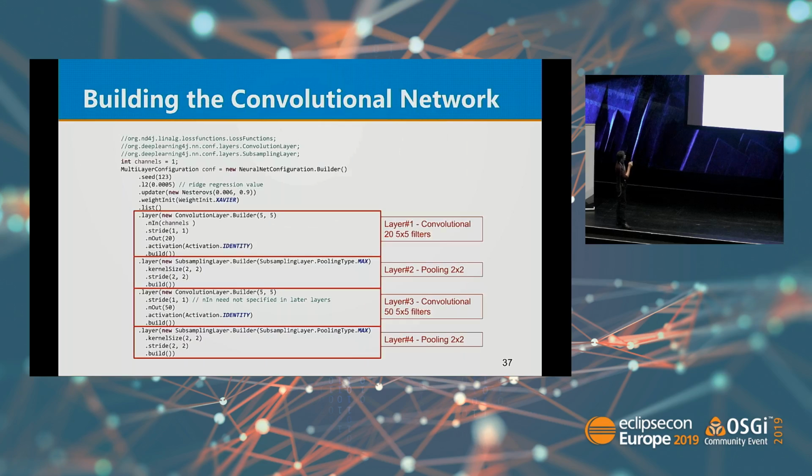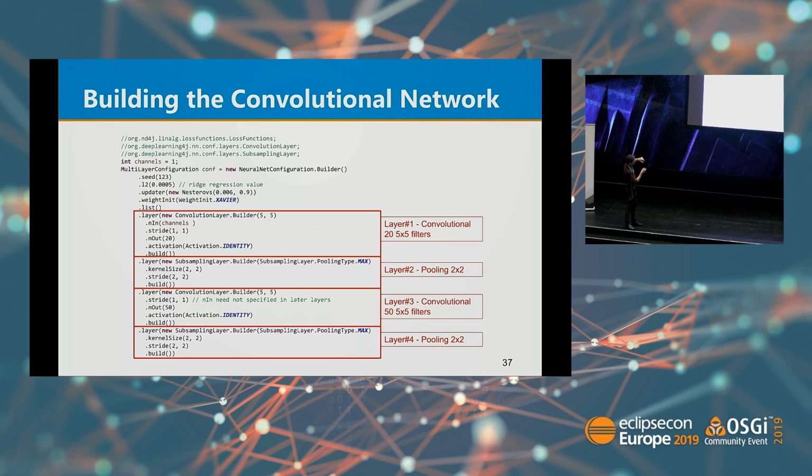Here you can see how you can take the example before and just change how to build the network. In this case, we are adding two pairs of convolutional plus pooling layers, but all the other code is the same.